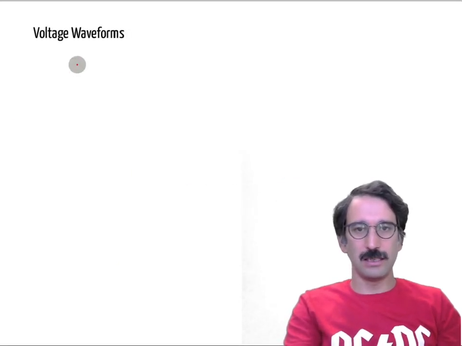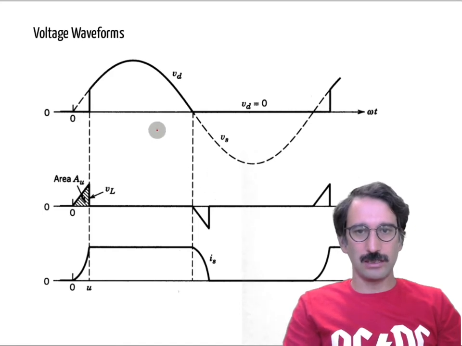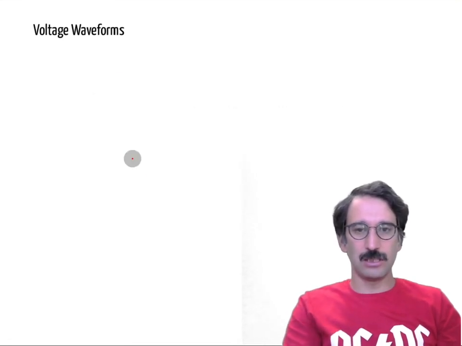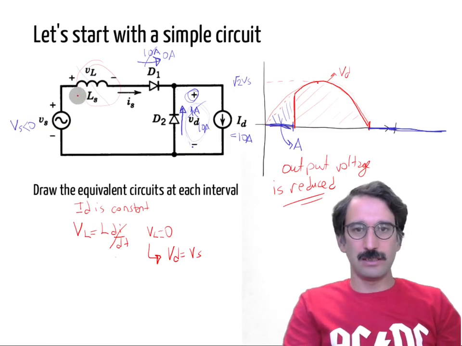So let's see the voltage case. This is maybe better than my drawings. This is my VD voltage going like that. We already discussed that. This is what you see at the inductor voltage. Whenever there is a difference between Vs and the output voltage during the commutation time, you see that portion at the VL.